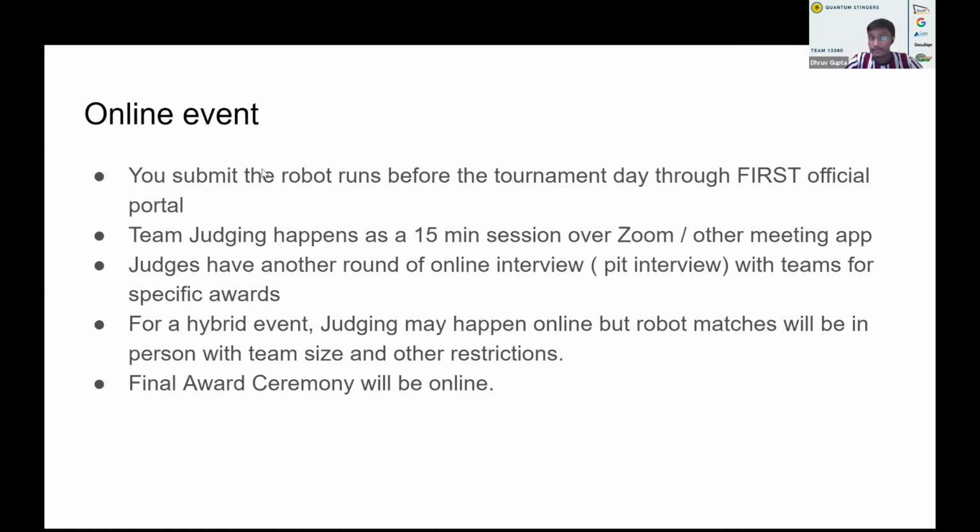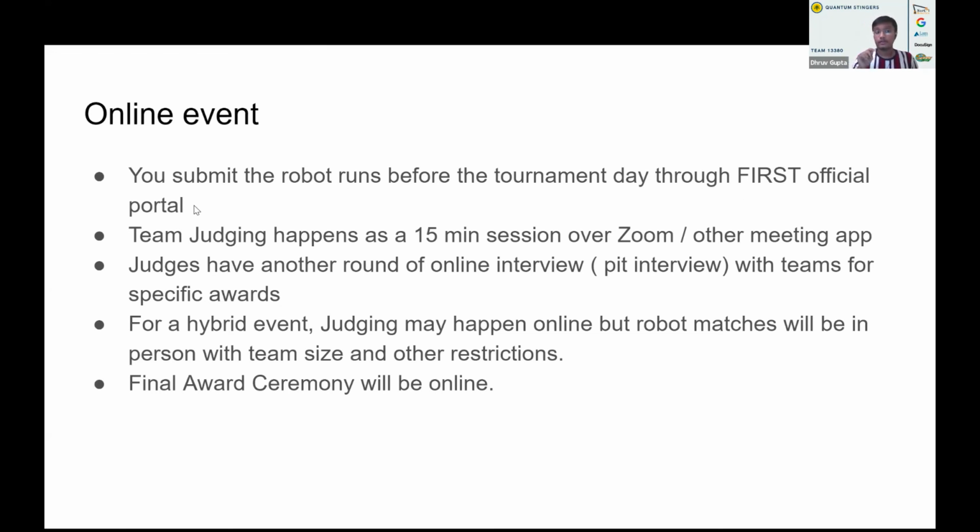So an online event is quite different. You submit the robot runs before the tournament day through the FIRST official portal. What you'll be doing during these robot runs is giving an exact measurement of how many points you scored and how you scored those points. So there'll be an FTC score on the FIRST official portal.